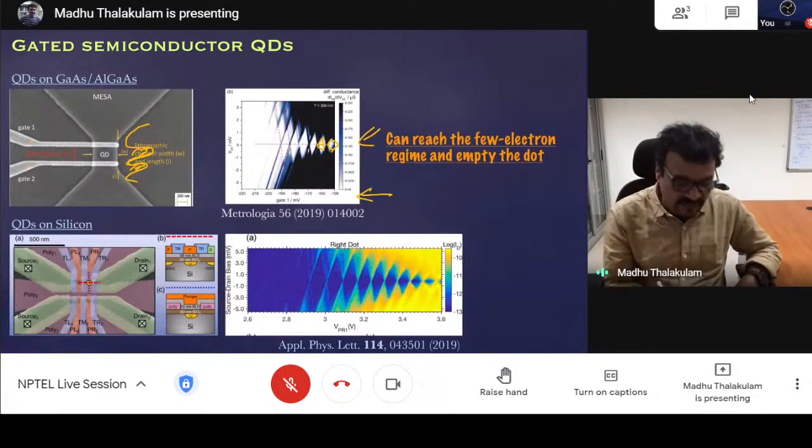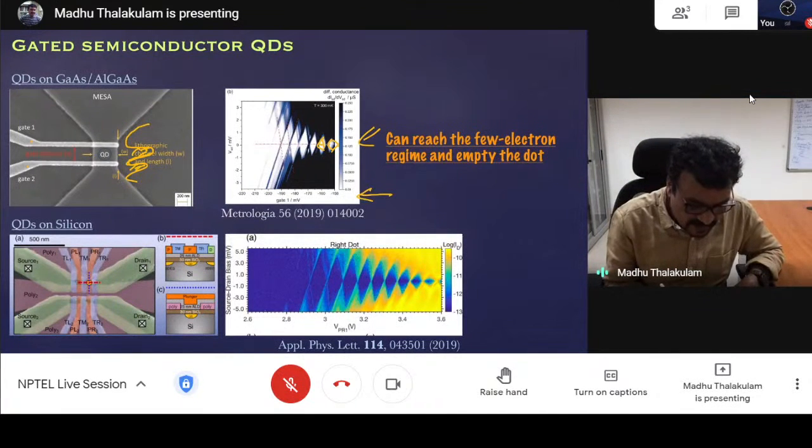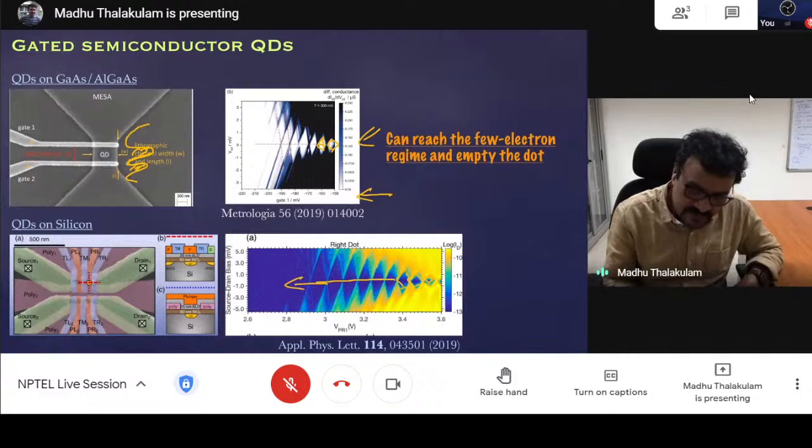So this is another device with a similar geometry. Here also you can see the same phenomenon, where you start with a very small diamond size and you increase the size of the diamond as you reduce the gate voltage.